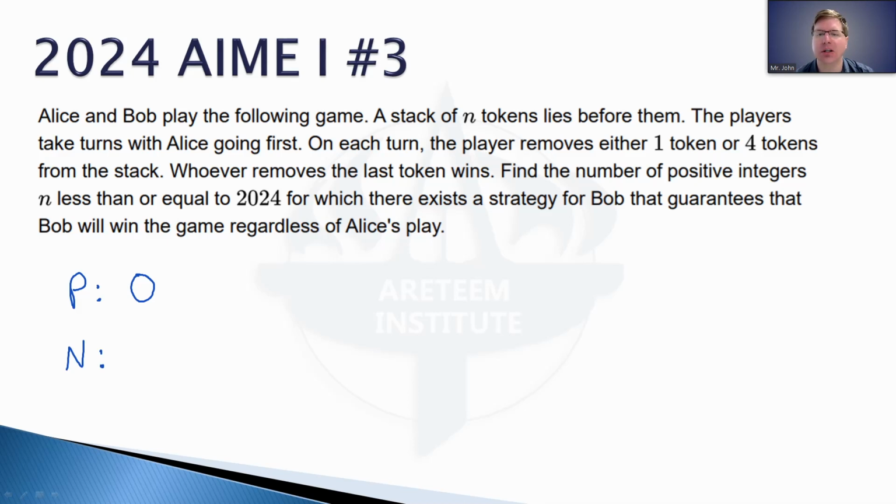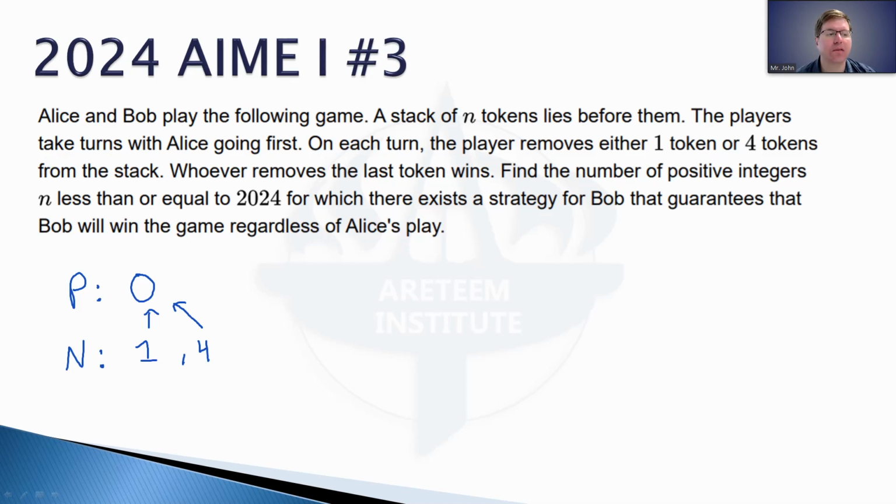When is it going to be an N position? The next player, the first player to move, wins. Well, pretty obviously from here, they win at 1 and 4, because 1 and 4 go to this 0 right there. You can take the last tokens and win, and then you're done in that case.